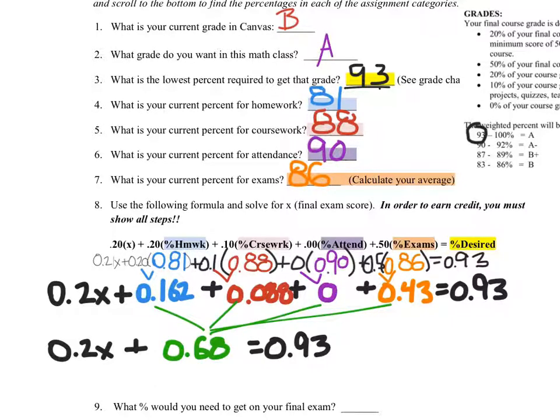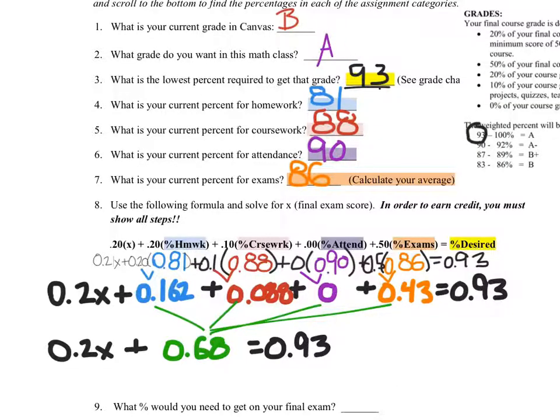So having simplified this equation now, we got 0.2x plus 0.68 equals 0.93. Now this 0.68, it means that if you didn't take the final at all, or got a 0 on the final, you would have gotten a 68% in the class, which we've seen up here from the grade scale, what that grade would be. And it definitely would not be an A grade, right?